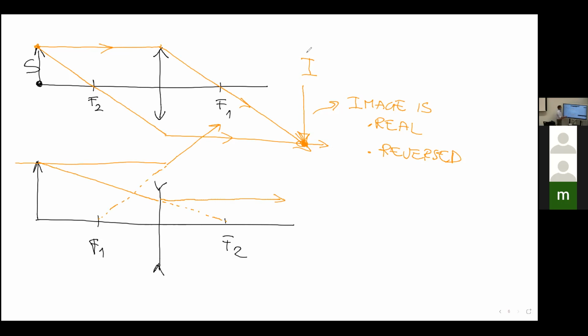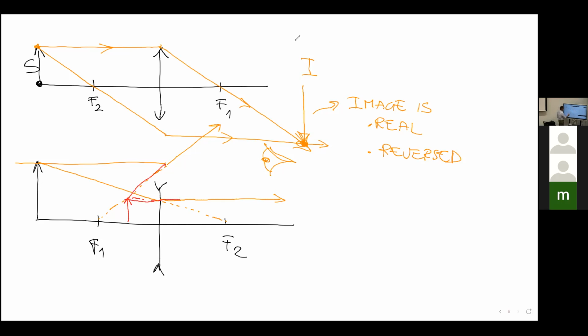Okay? So an observer that is here, that is watching light that is coming towards him, thinks that light is coming from the intersection of the prolongation of these two beams.